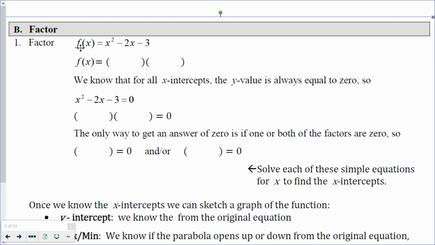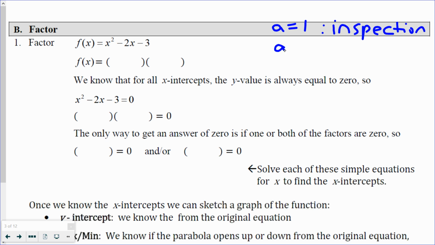So we started off the semester by reviewing factoring stuff from 10C, and I said it's important more so in the second unit, being able to factor a trinomial, either by inspection, if your A value is equal to 1, or if your A value is not equal to 1, so if it's equal to 5, we can use decomposition.